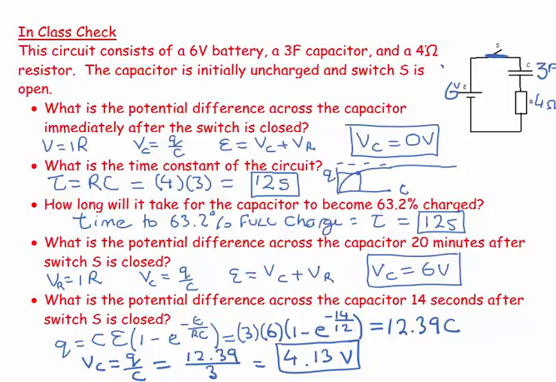And then there's usually some kind of calculation about what happens during the transient while you're going from 0 charge to fully charged. And I can ask you about charges, I can ask you about potential differences, etc. And I can also discharge. So there's the pattern of questions in this section.